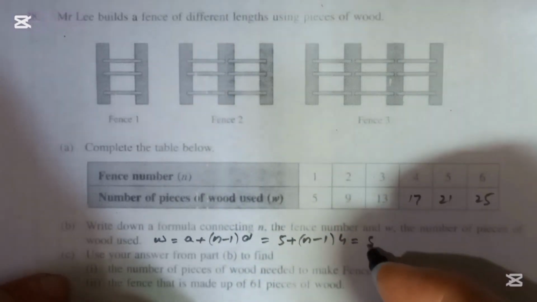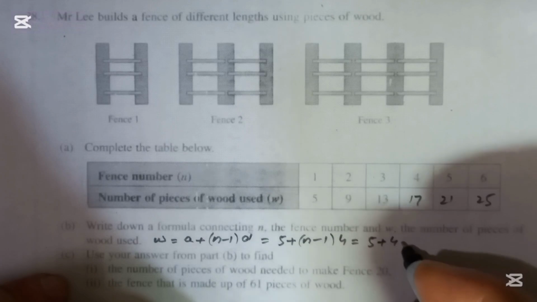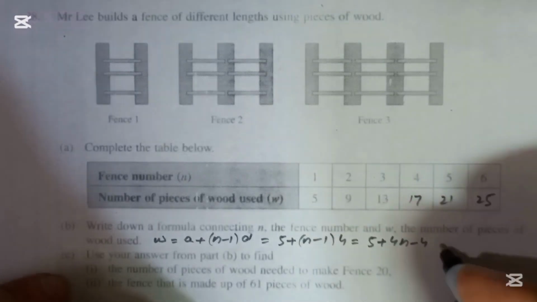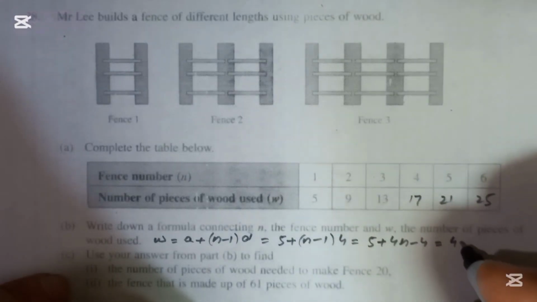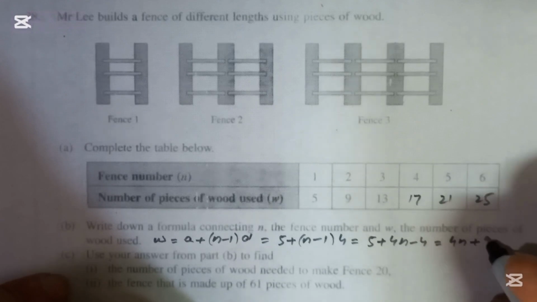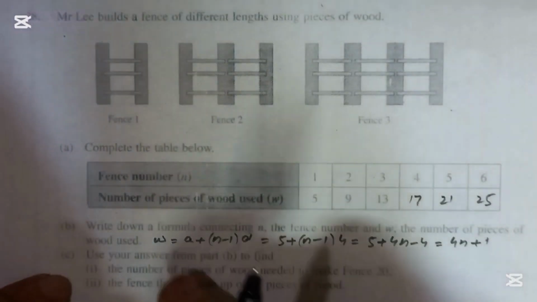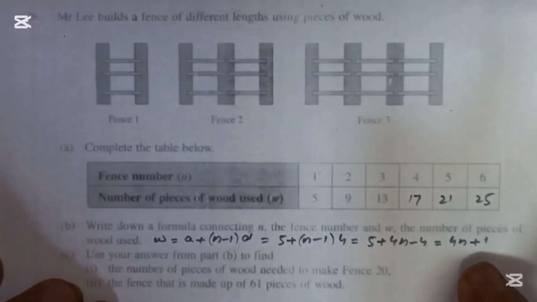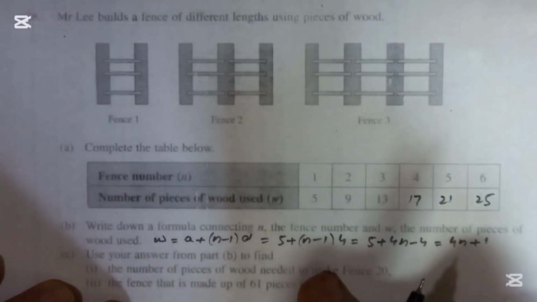So this will be equal to 5 plus 4n minus 4, and that will be equal to 4n plus 1. So w is equal to 4n plus 1. This is the formula connecting w and n.